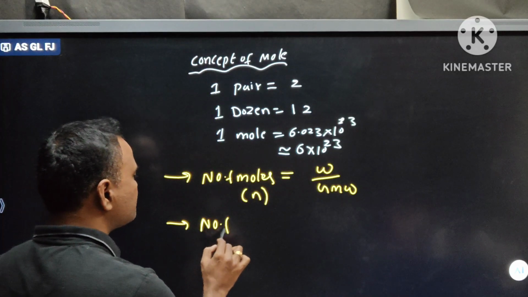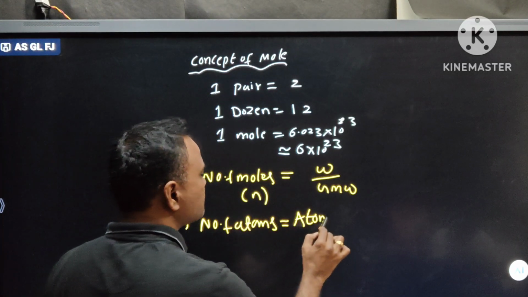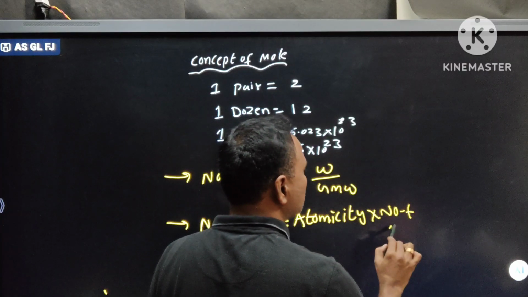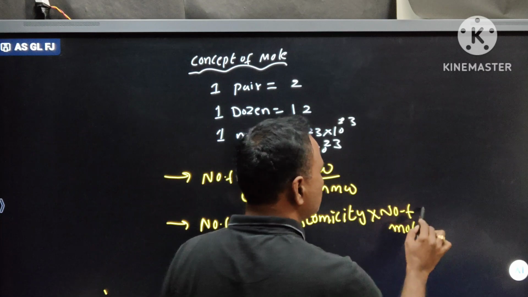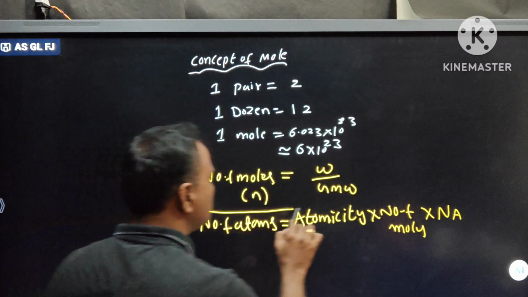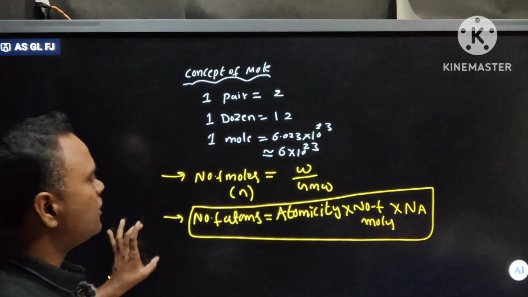Number of atoms is equal to atomicity into number of moles into Avogadro number. What is atomicity here? I will teach later after giving the formulas.